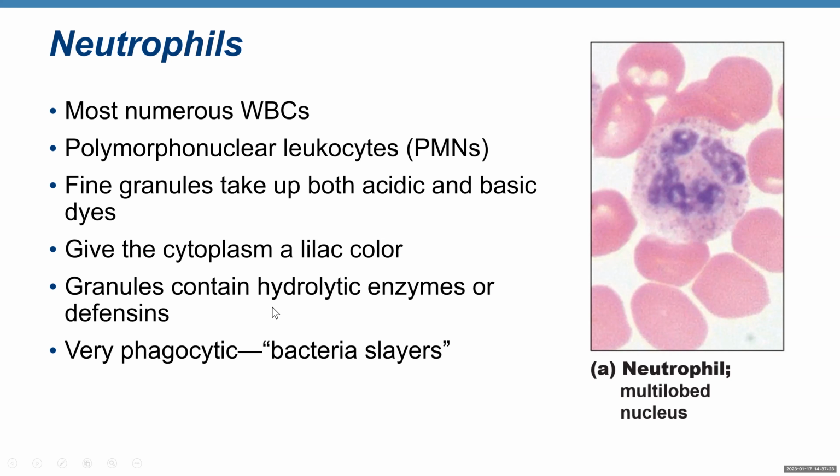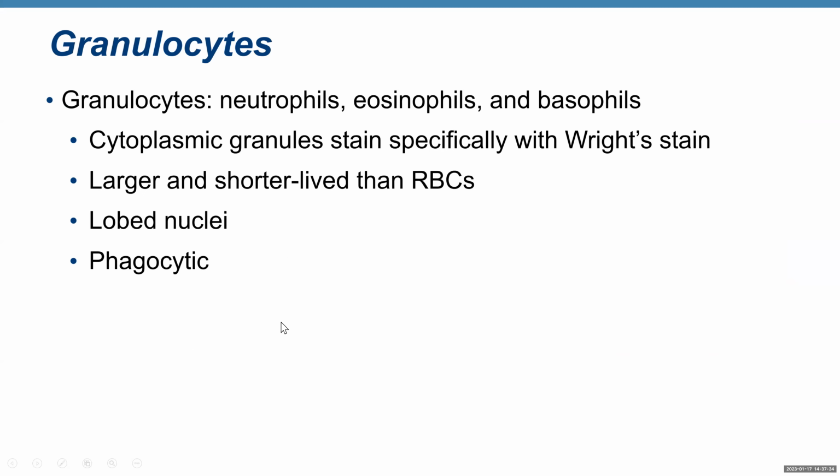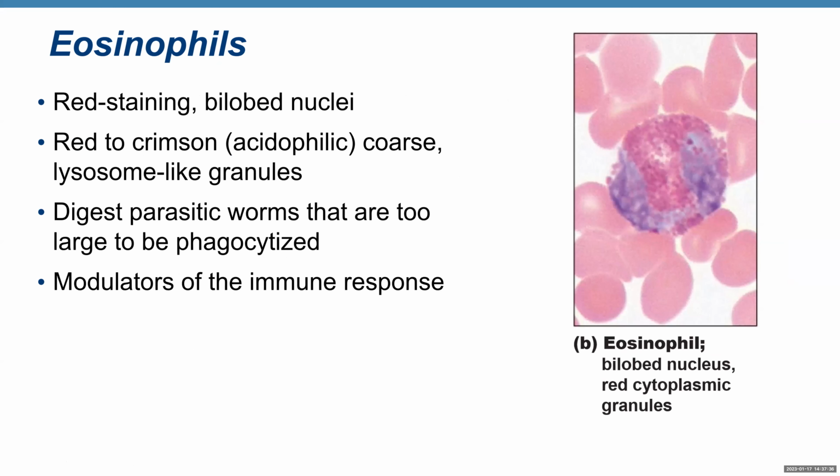If you have an elevated number of neutrophils, that can possibly be because of a bacterial infection. If you have lots of eosinophils in the patient's blood, either the patient has parasitic worms, or we have an elevated level of eosinophils when the patient has allergy.